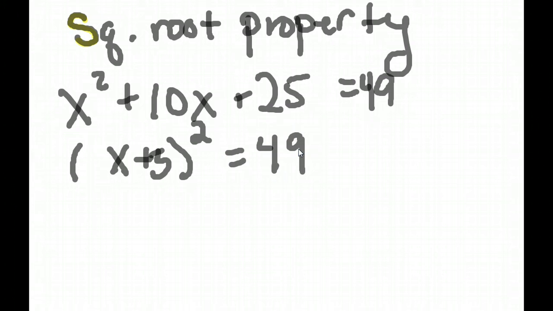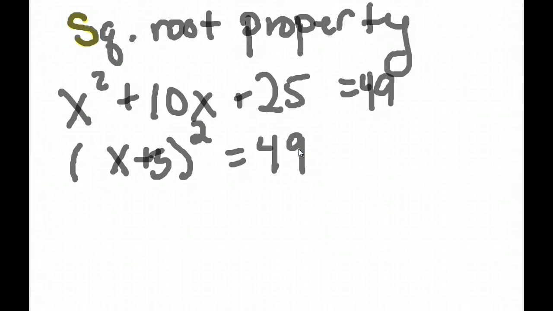And from one of the last sections, what do you notice about each side? What can you do to each side? We have x plus 5 squared equals 49. To simplify it, to get rid of that square, and still get integers as your answer.